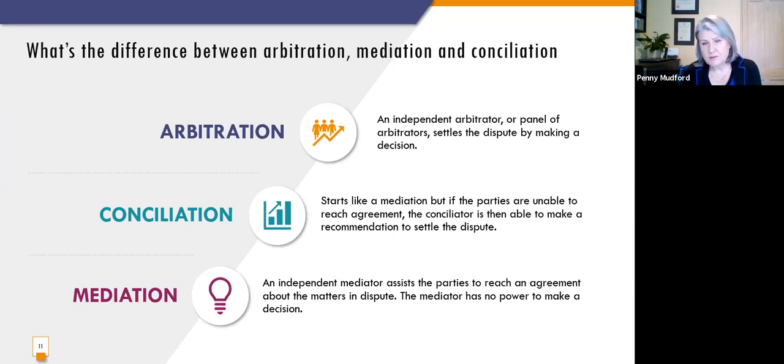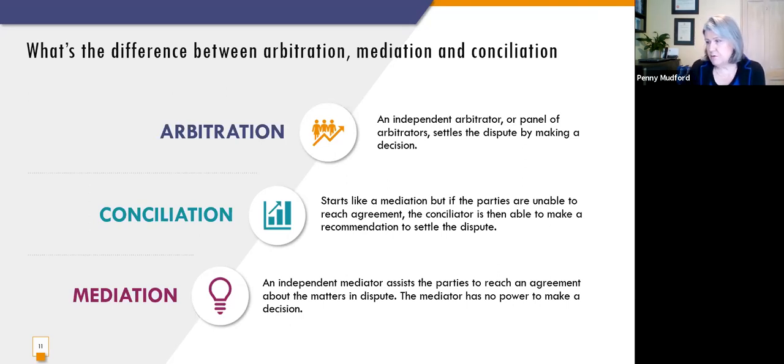And then if they're not able to agree, you can bridge the gap as a conciliator and make a recommendation for settling the dispute. And if the parties accept that, then that becomes binding on the parties as a determination.